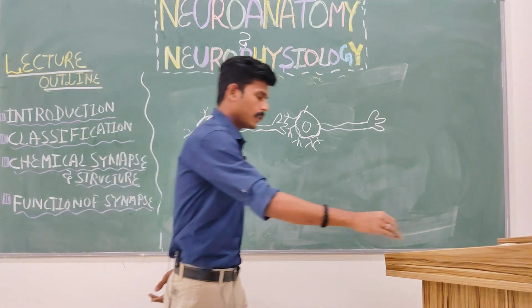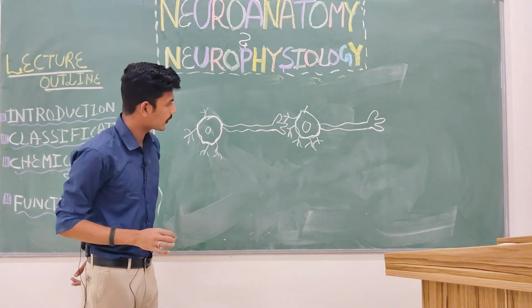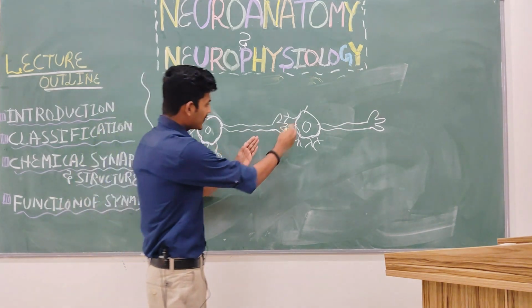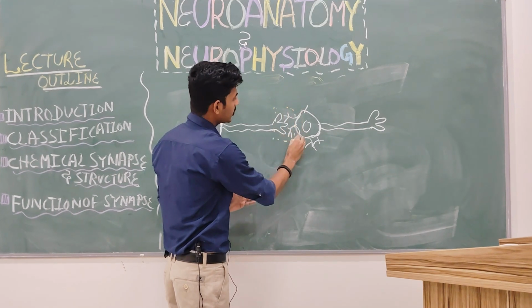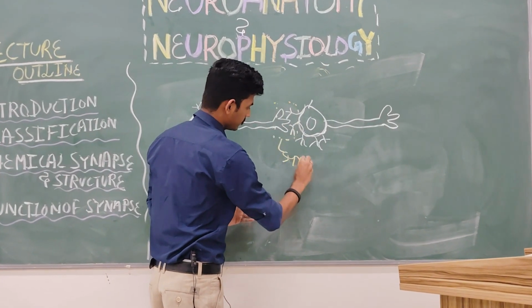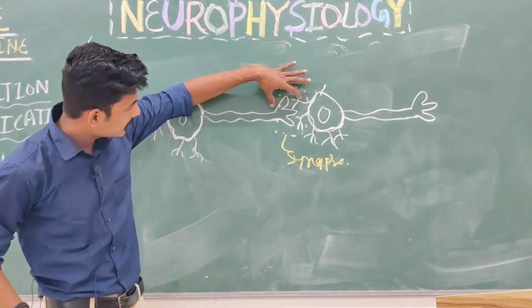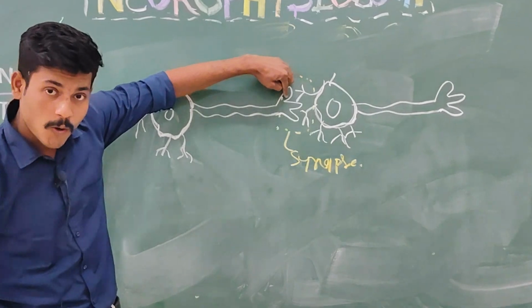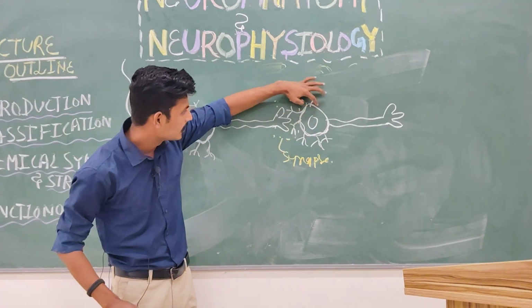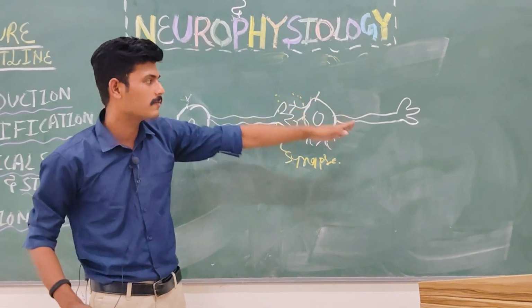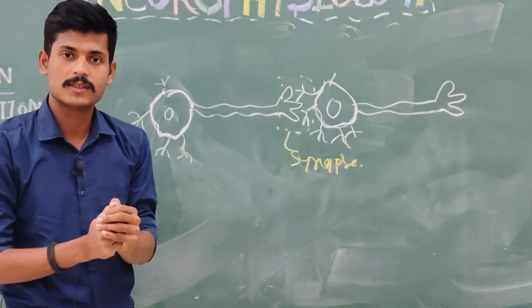Now, the thing which I want to put in your mind is that this connection is first of all referred to as a synapse. Here the axon ending of one neuron rests on the dendritic part of another neuron, and this connection is referred to as a synapse.